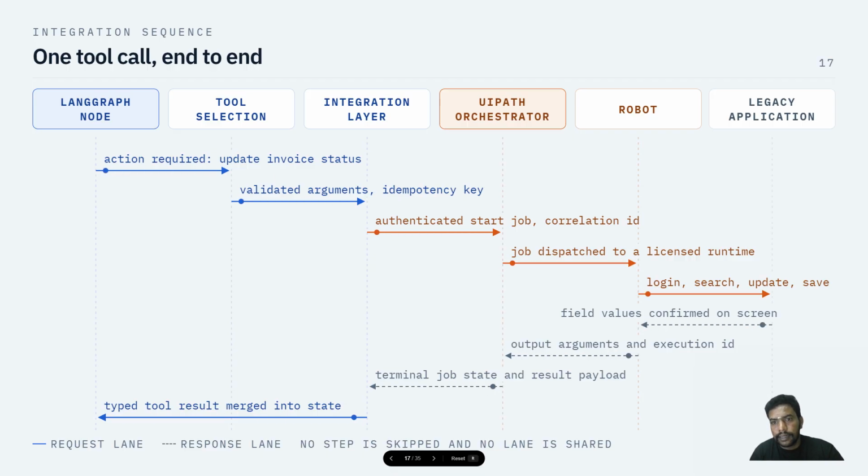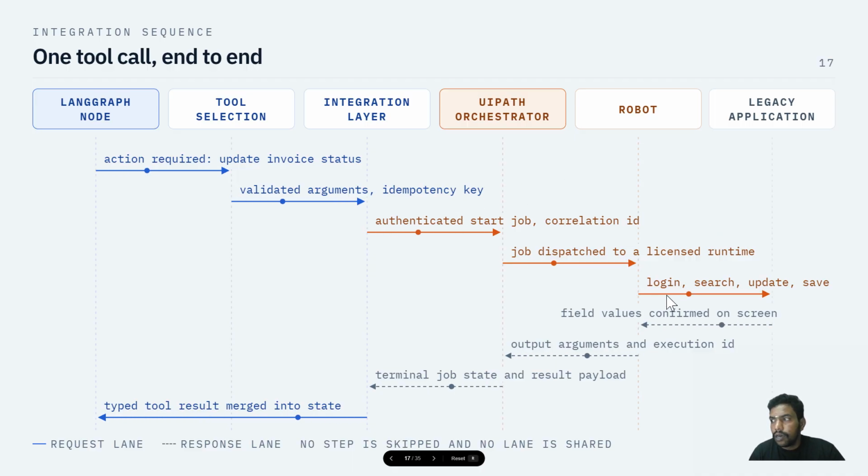Tool selection produces the validated arguments and an idempotency key. The integration layer, which we are seeing, authenticates and starts the job with a correlation ID. The orchestrator dispatches to the licensed runtime.